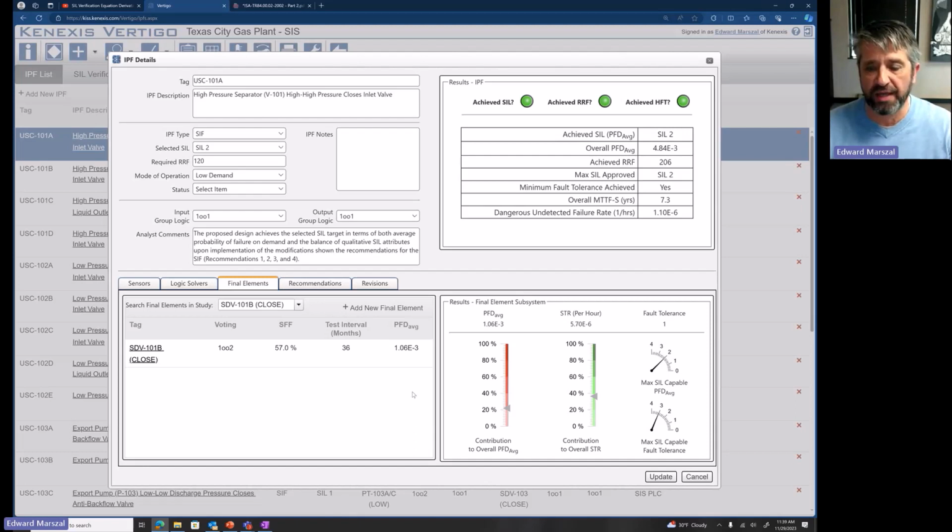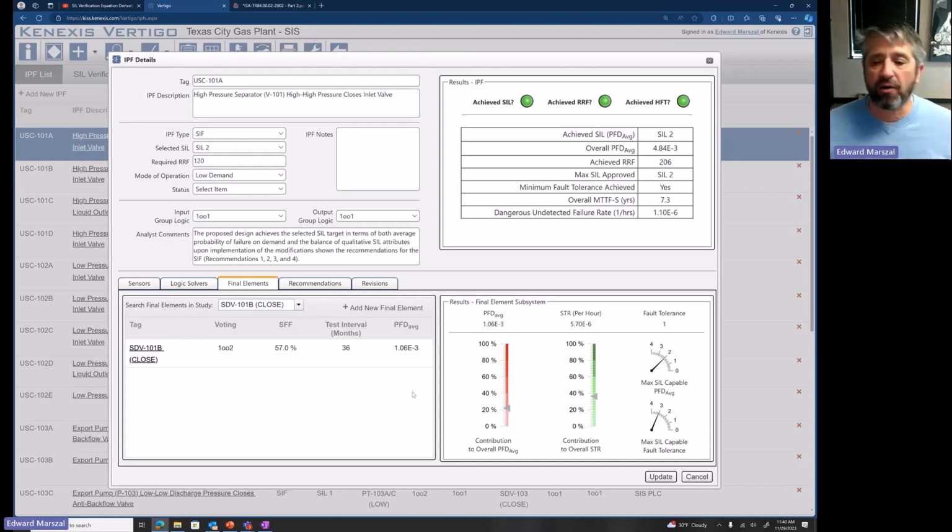I'm not going to look at multiple causes of the same scenario. And if I have multiple scenarios that all use the same safety instrumented function, then I'm going to pick whichever one is highest.